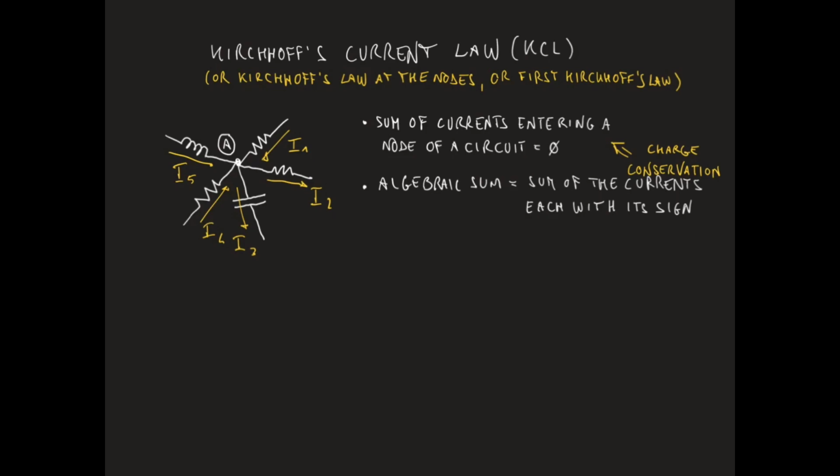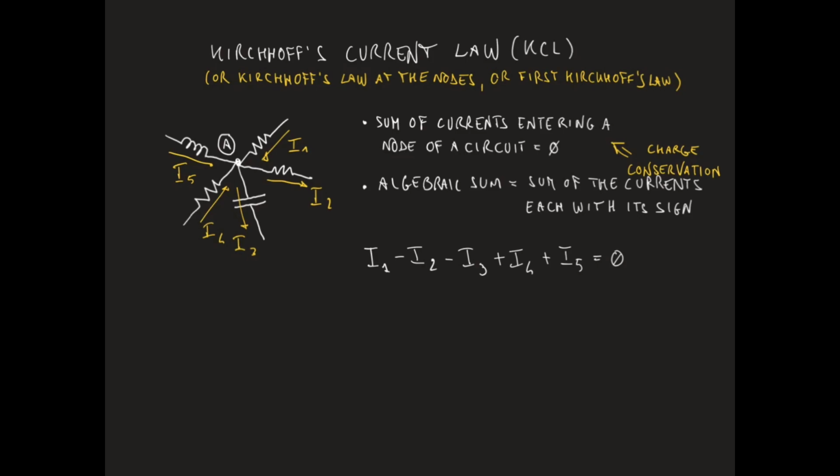In this case, for the network on the left, Kirchhoff's law for currents will say that I1 minus I2 minus I3 plus I4 plus I5 is equal to 0.